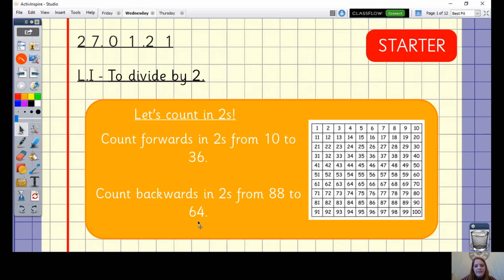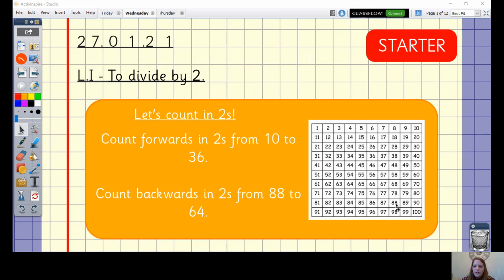Okay, so let's start with counting forwards. All together with me. 1, 2, 3. 10, 12, 14, 16, 18, 20, 22, 24, 26, 28, 30, 32, 34, 36. That was our counting forwards, and now counting backwards from 88 to 64.